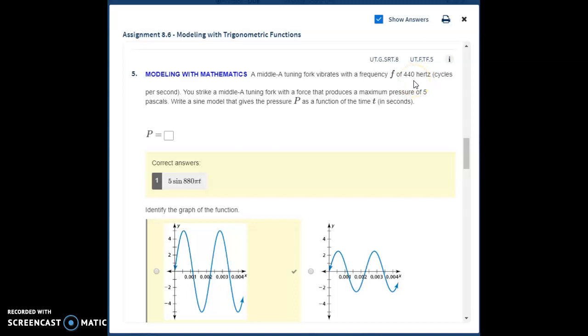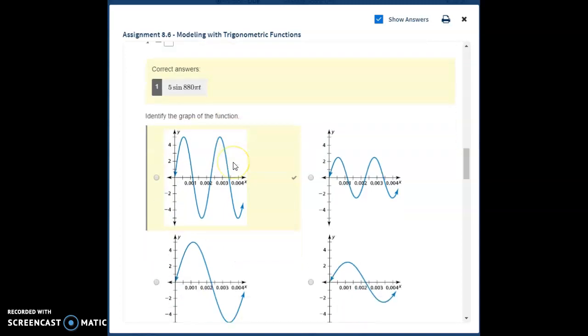So when you take the frequency of 440, and that is equal to b over 2 pi, and solve for b, you get 880 pi, and that gives you the value of b. And then it has a maximum pressure of 5, so the 5 in front of the sine times 880 pi times t. There's the function.